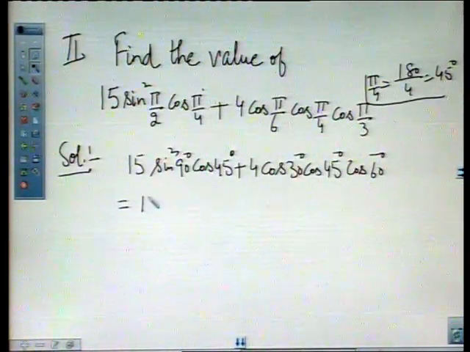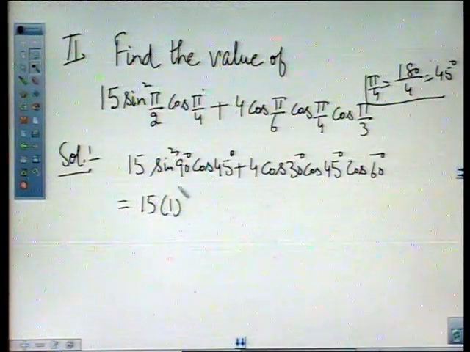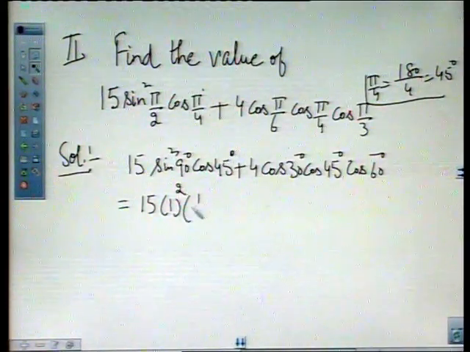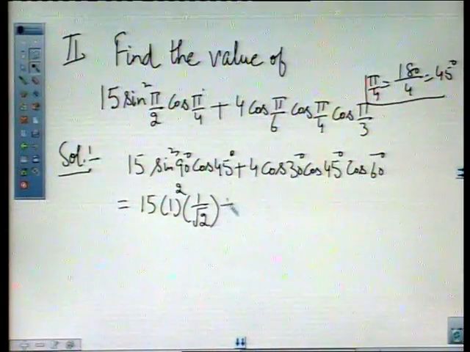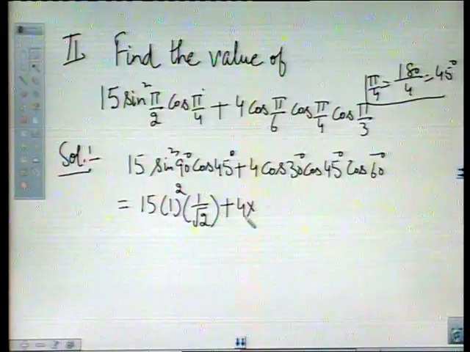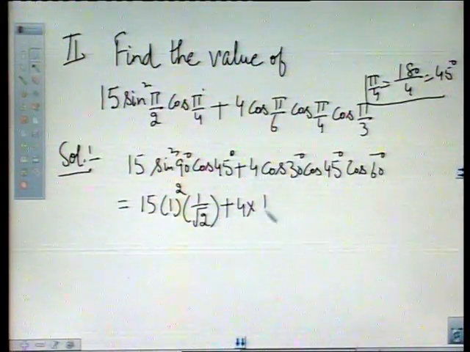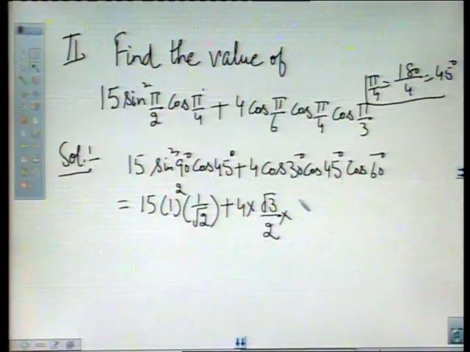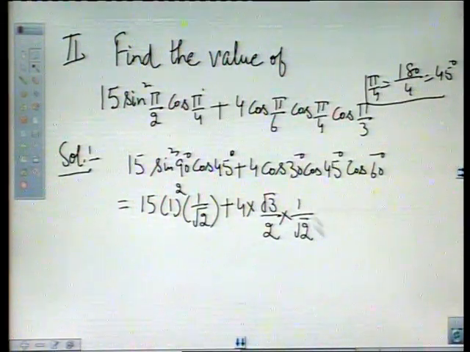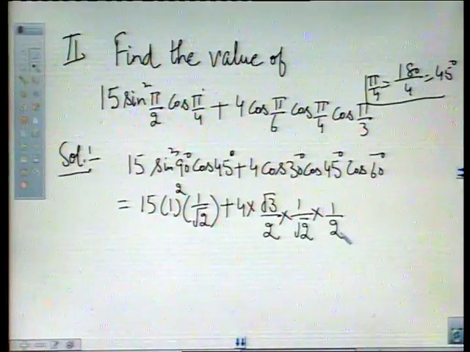We get sine 90 is 1, cos 45 is 1 over under root 2, plus 4, cos 30 is under root 3 by 2, cos 45 is 1 by under root 2, and cos 60 is 1 by 2.